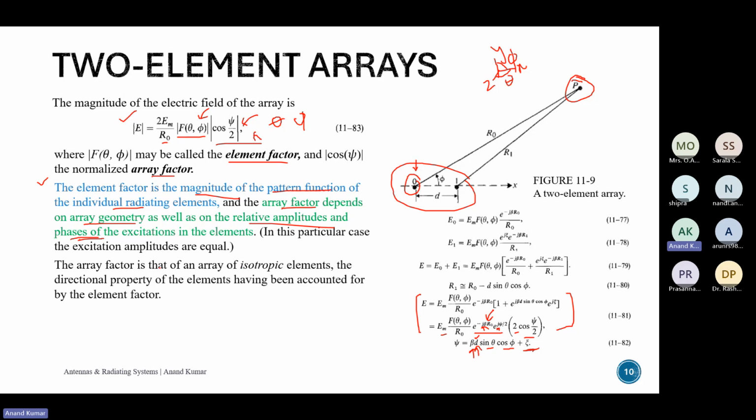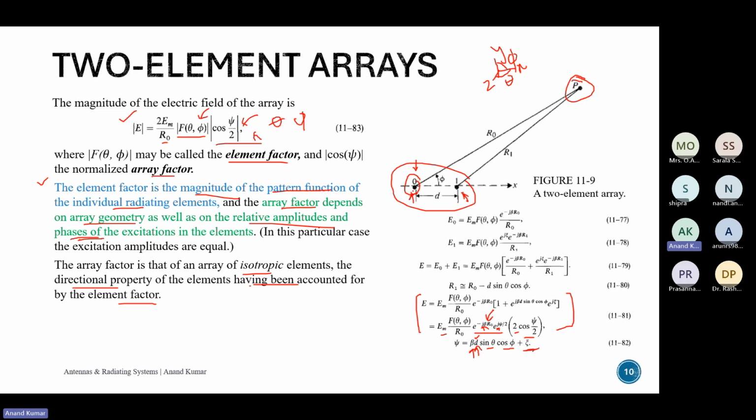And so the array factor is that of an array of isotropic elements over here. We took isotropic elements, and their properties are already included by the element factor.